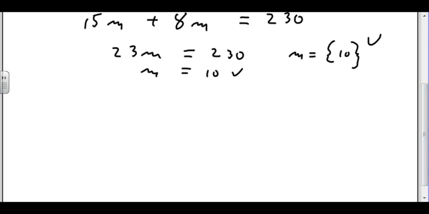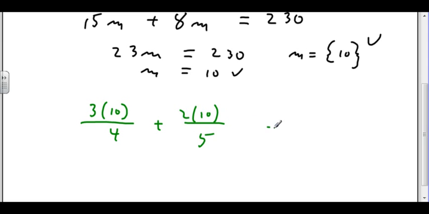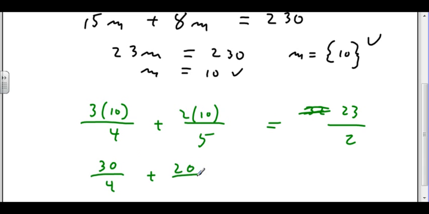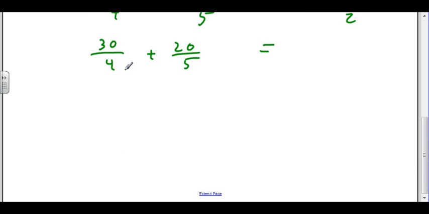And then I check my work, and I go 3 times 10 over 4 plus 2 times 10 over 5 is supposed to be 23 over 2. So I got 30, and I got 20. And my common denominator is going to be 20, so I'm going to multiply top and bottom by 20. 600 plus 400, 800.